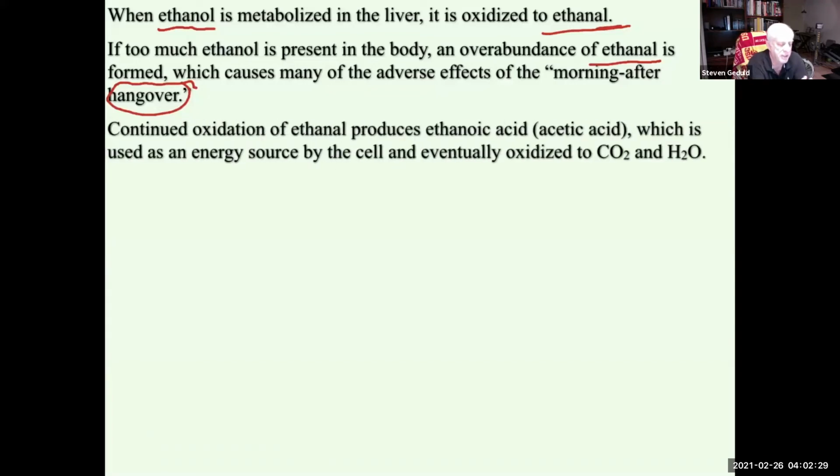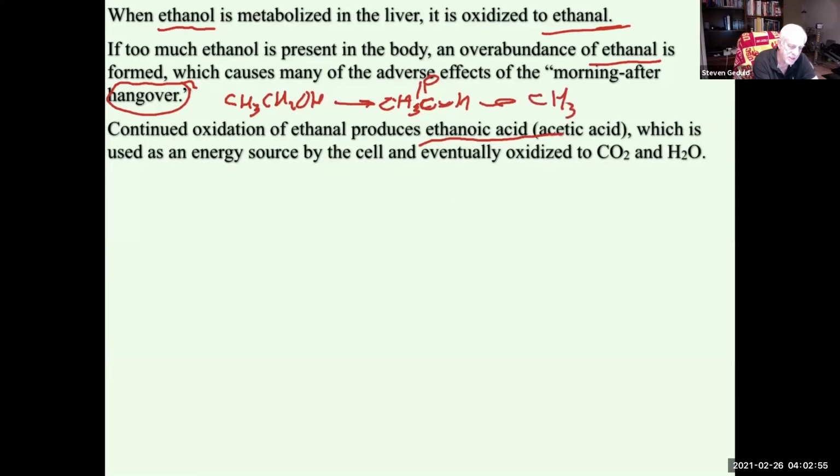Continued oxidation of ethanal produces ethanoic acid. So we're continuing to oxidize it. In other words, if you have ethanol, CH3CH2OH, and now we went to the aldehyde, CH3CHO, then you go to the carboxylic acid form of it.